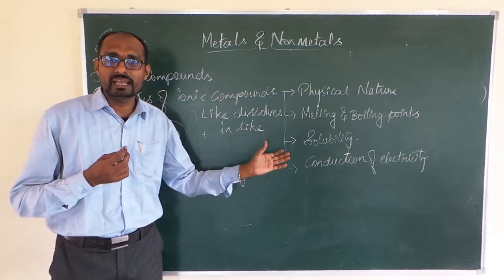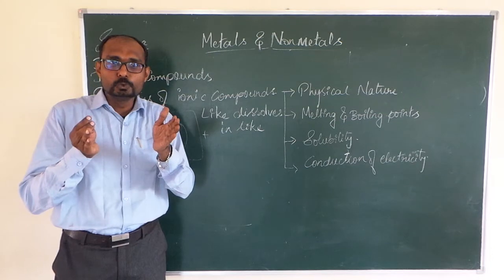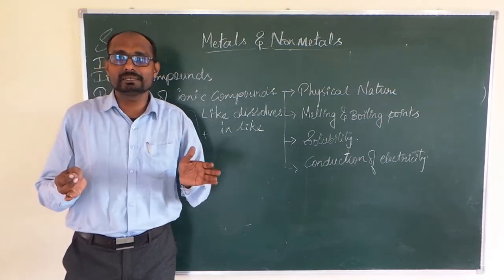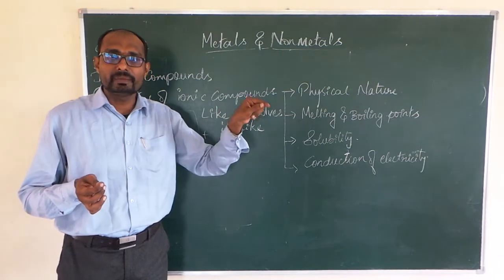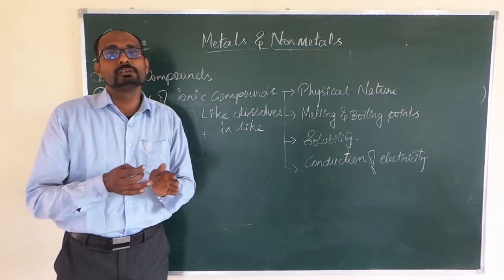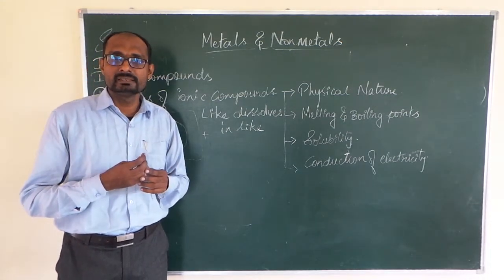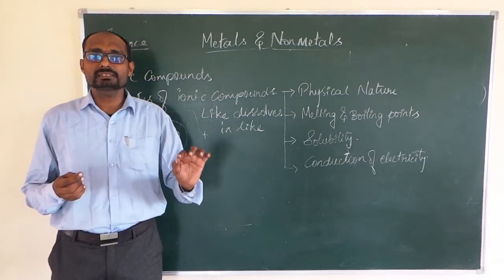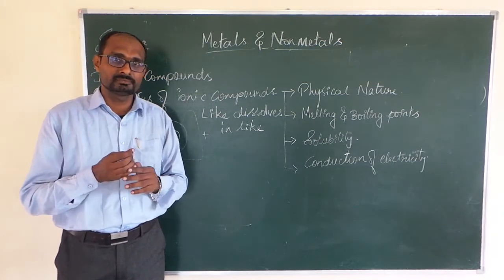They will have free ions only when the bonding is made loose, weak, or it is completely broken. This can happen only when we make an aqueous solution of that compound or we melt it. Suppose I take sodium chloride. Sodium chloride will not conduct electricity as long as it is in its solid state.